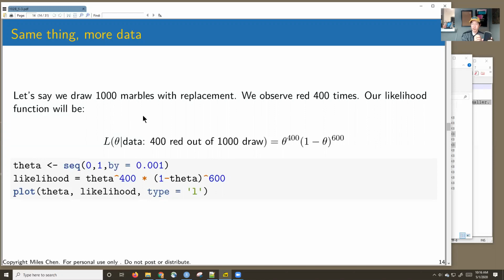And let's say I observe 400 red marbles. So my observed proportion is still 0.4, and that would still be my maximum likelihood estimate, but I can be a lot more confident in this answer.